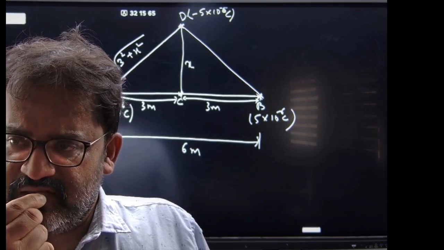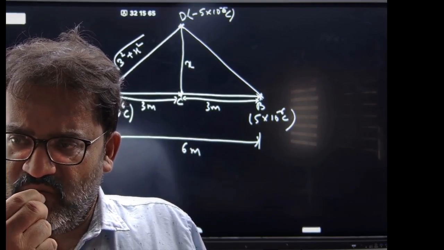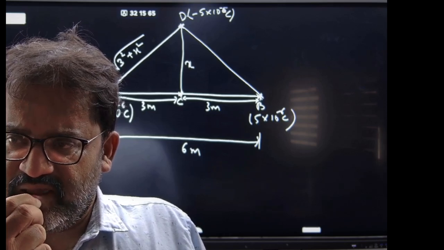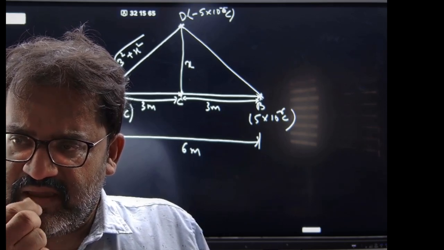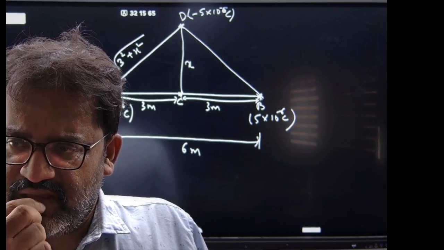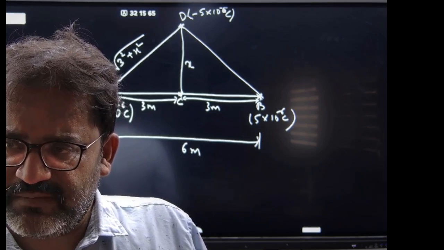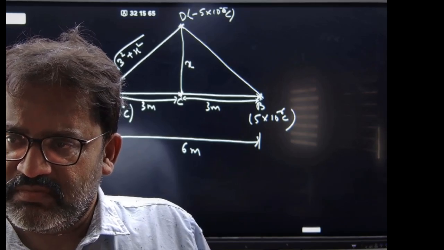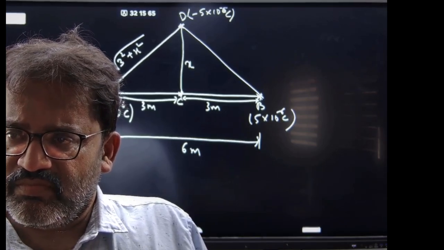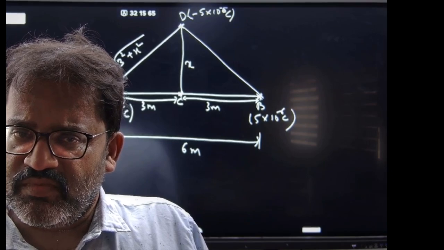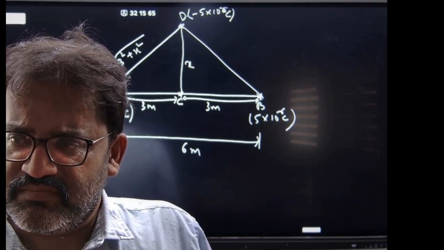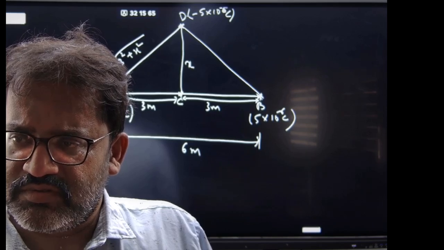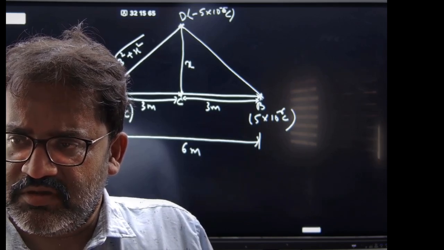Okay. So this side we are having, we can say 1 divided by root of 3 square plus x square, that is equal to okay.